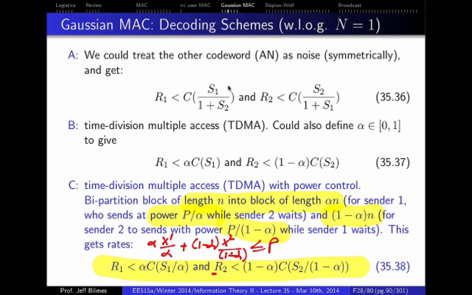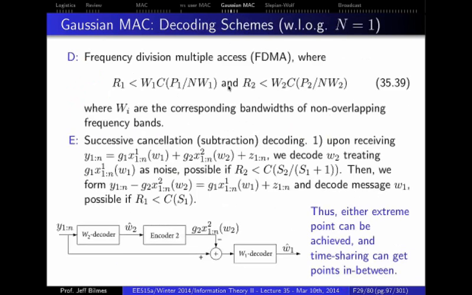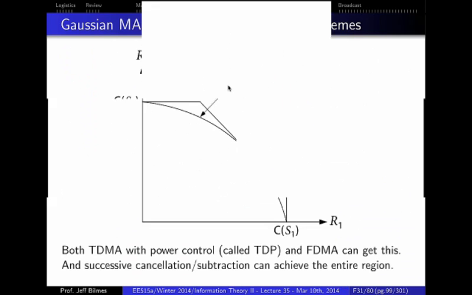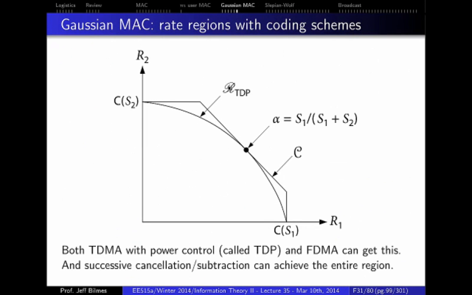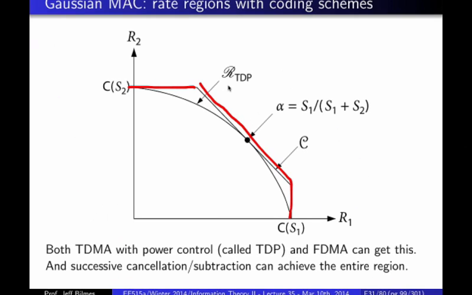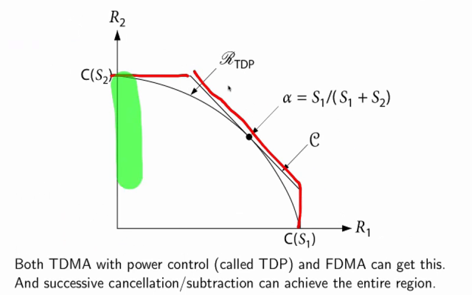And so what we're going to get in this TDMA with power control is something that looks like this. So here's C again. Let me just draw these with a pen. And then with this power constraint, we're going to get this nice thing here.